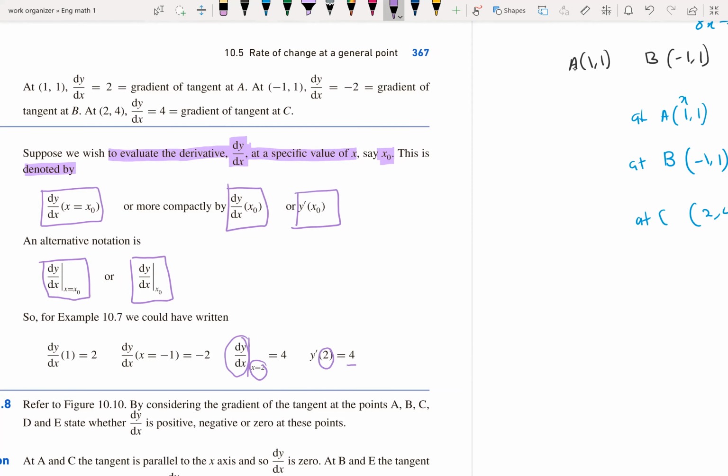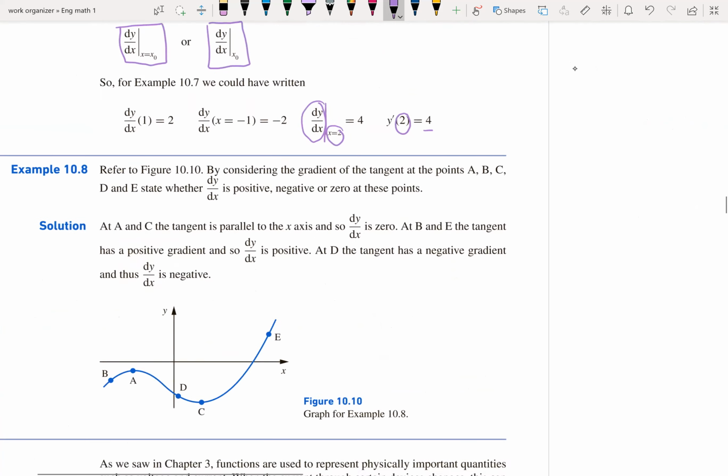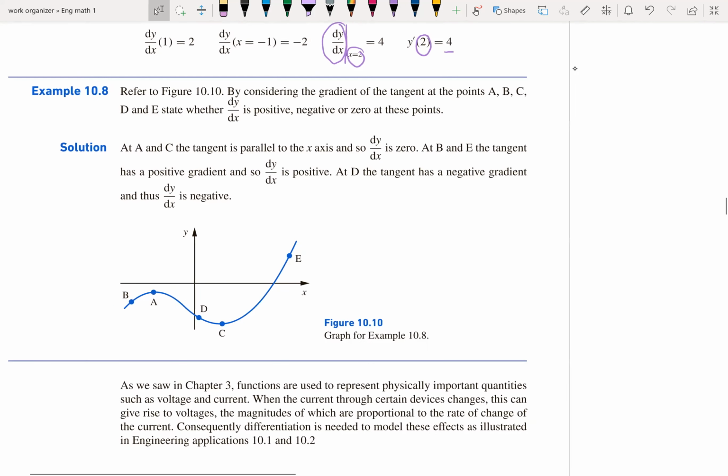For this example, we are referring to Figure 10.10 here. We have to consider the gradient of the tangent at points A, B, C, D, and E, and state whether dy/dx is positive, negative, or 0.